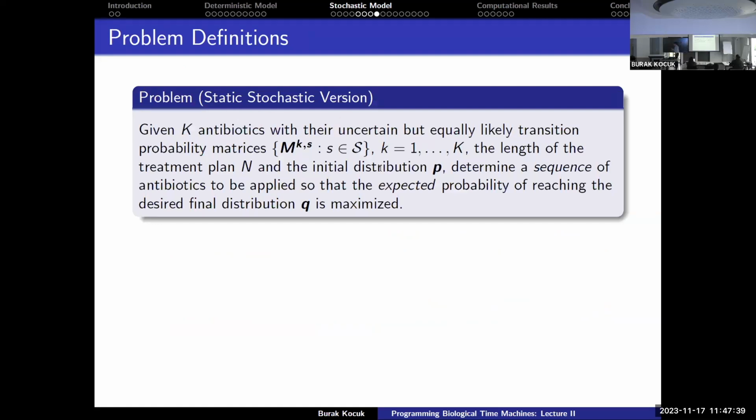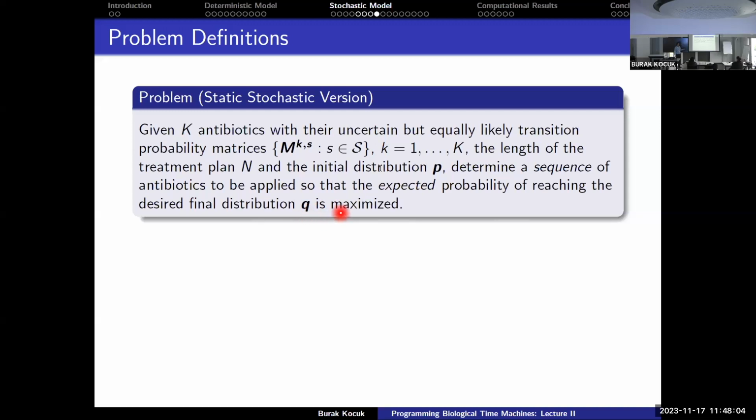Now that we have M_k^s, I can define the static stochastic version. What does that mean? In this problem, the input is still the antibiotics. But instead of having a single matrix, I have this exponential family of matrices for each antibiotic. I give you these matrices, and I give you the treatment plan as before. I give you the initial distribution. I give you where you want to end up.